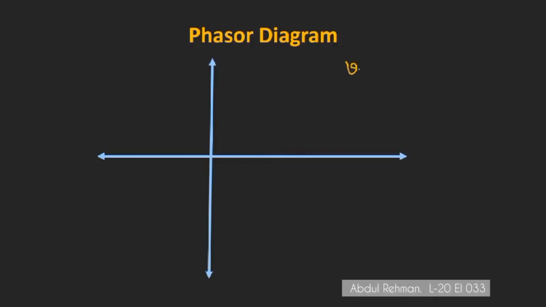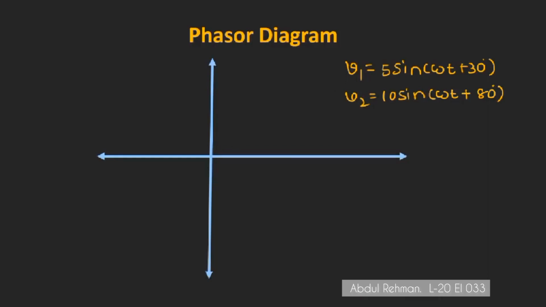Let's say we have two sinusoidal signals: the first is V1 equal to 5 sin(omega t plus 30 degree), and the second is V2 equal to 10 sin(omega t plus 80 degree). We want to represent these two signals as phasors on the phasor diagram.